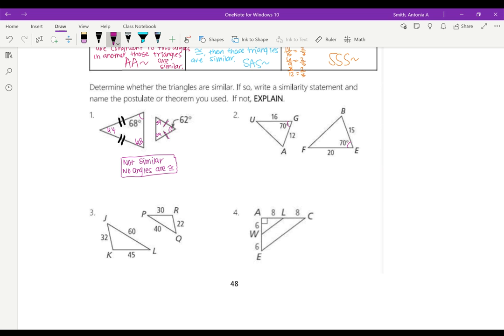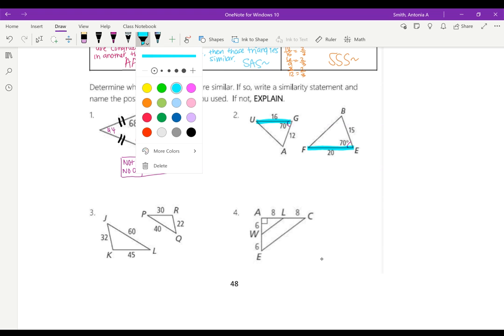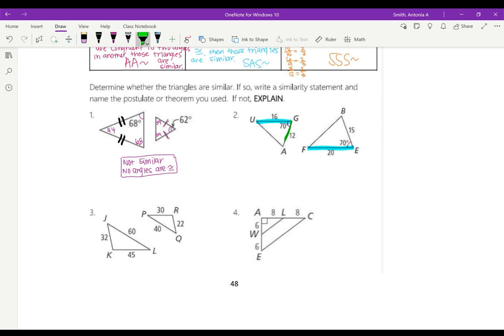Next, I want to check my ratios. So side 16 here is a matching pair for side 20. And then side 12 is a matching pair for side 15.